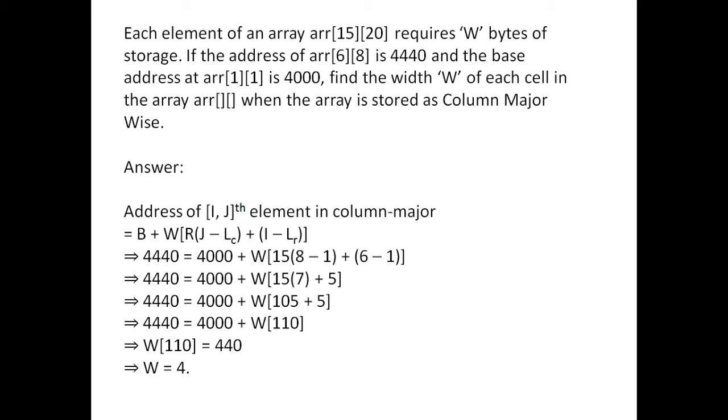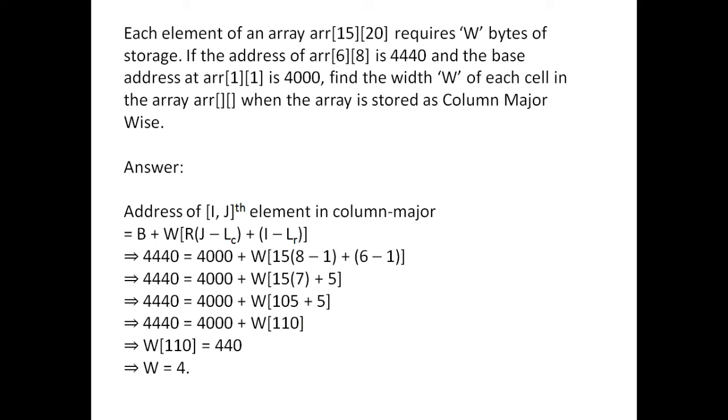So 6 and 8 are I and J, and 11 becomes your base address. Base address is always the beginning address, the first address. Find the width W of each cell in the array when the array is stored column-major wise.